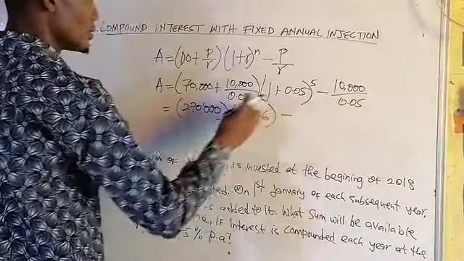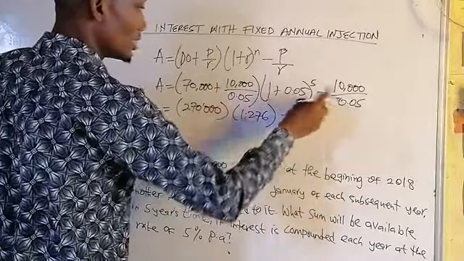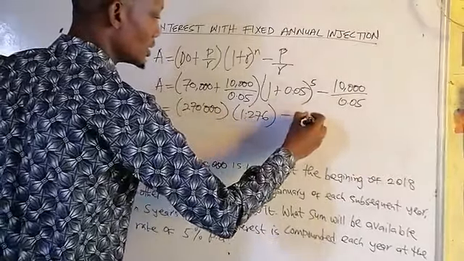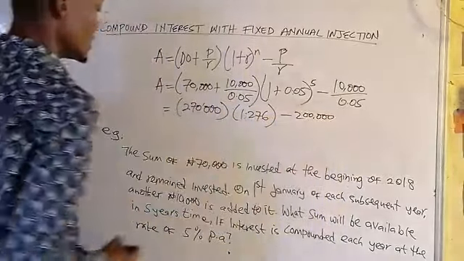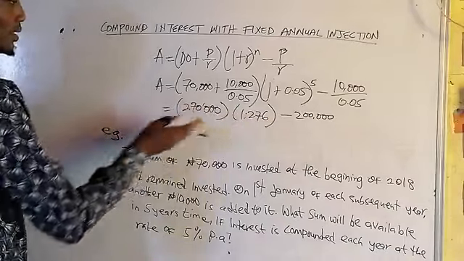Okay, minus, we have it already here, that is our 200,000. 10,000 divided by 0.05, we have it to be 200,000. Okay, the next thing is for you to expand this.